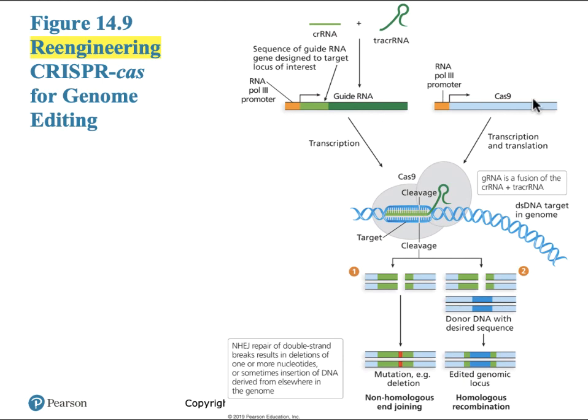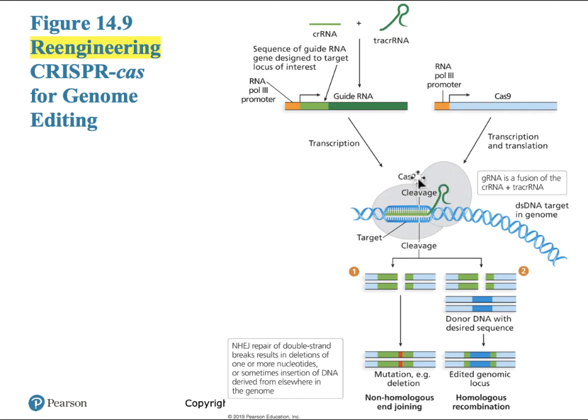Once both elements are introduced into a cell, either by genes or by direct injection, the cell then has the ability to form the Cas9 system. The Cas9 system comes together with the guide RNA sitting inside the Cas9 protein.